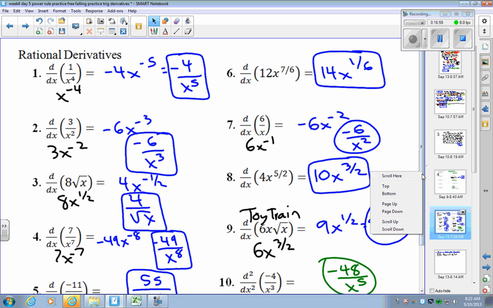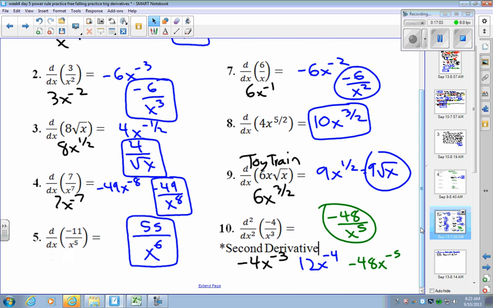Okay, those are the guys up top, and let me scroll here. Look at number 10. I will always color coordinate my derivatives. So the black is my function, and I changed it into a toy train. The blue is when I took the first derivative, but I want to take a second derivative for some reason, and you have no idea what a second derivative is yet, so just take it, and I'll teach you that later.